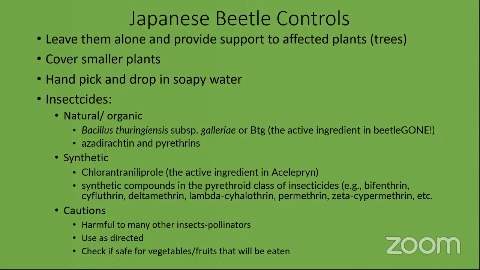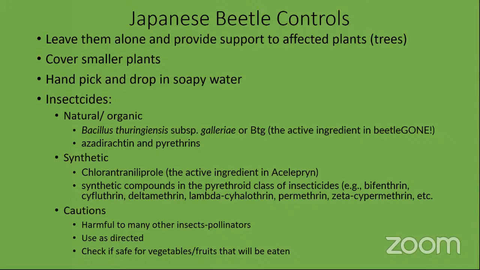You can use some insecticides, Bacillus thuringiensis, Galleriae, or BTG. It's the active ingredient in Beetle Gone. And also azadirachtin and pyrethrins are effective against the Japanese beetle adults. We can use chlorantraniliprole.